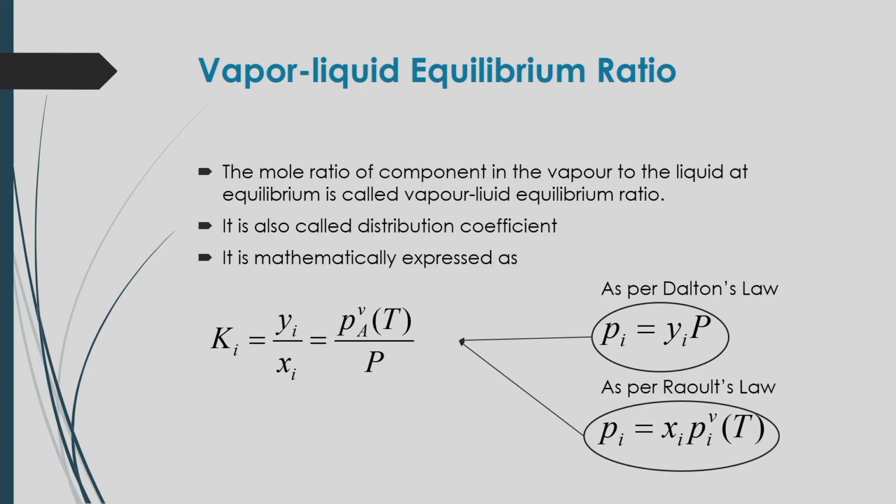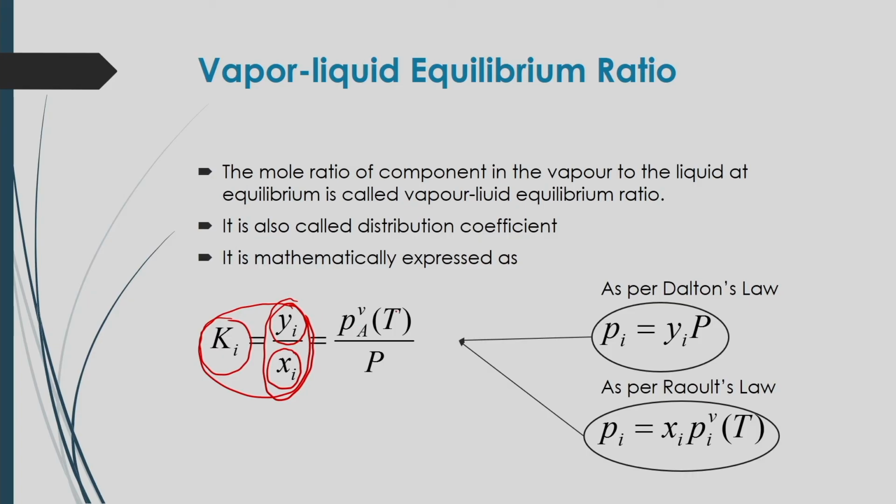It can be expressed mathematically as Ki equals Yi by Xi, where Ki is the equilibrium constant or distribution coefficient, the ratio of moles of the component in the vapor phase to moles in the liquid phase.